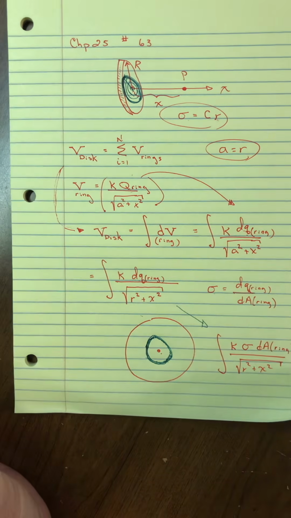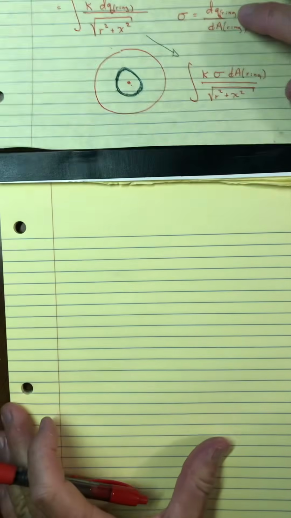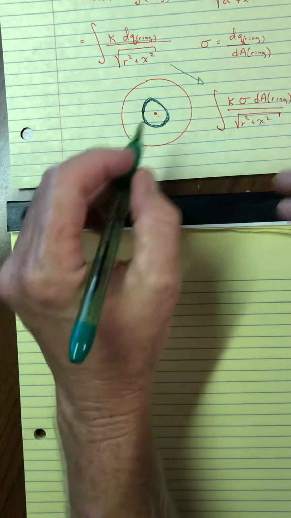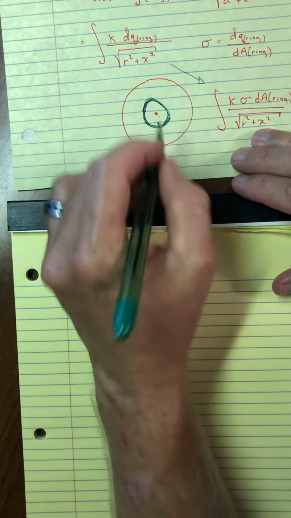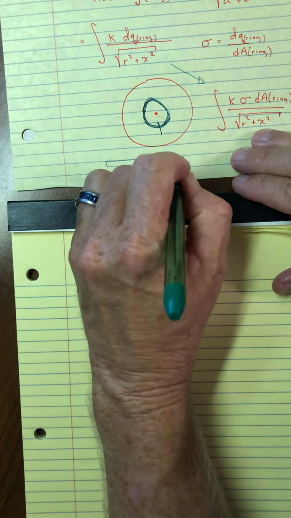And even then, I still have another important step to make, which is to change the dA into a dr. And I'm going to do that with a little bit of geometry. Maybe back here in this picture, imagine cutting this green ring and laying it straight.